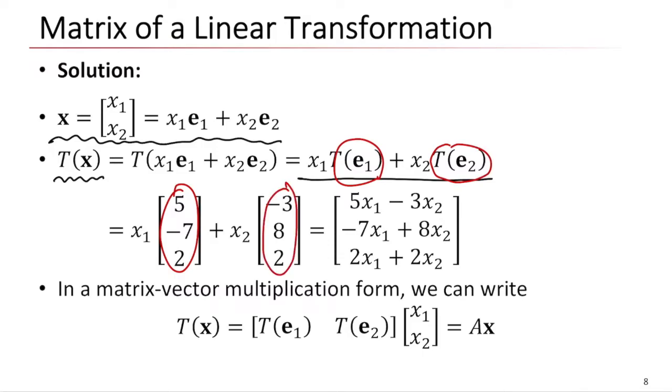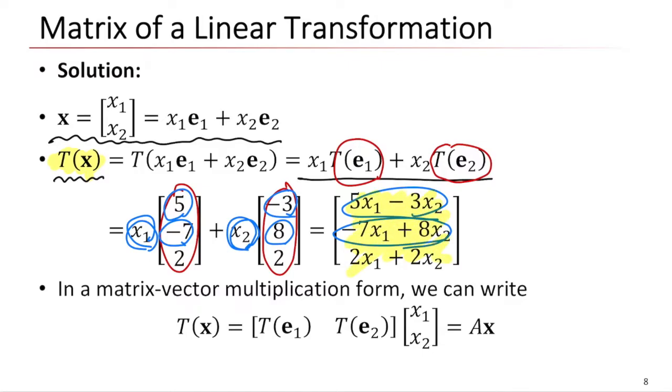So in this formulation, we can write the first element as x1 times 5 plus x2 times negative 3, right? What about the second one? x1 times negative 7 plus x2 times 8. So in other words, we can represent the T of x as this vector form, right?